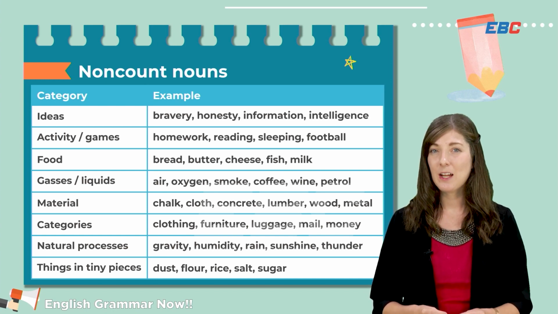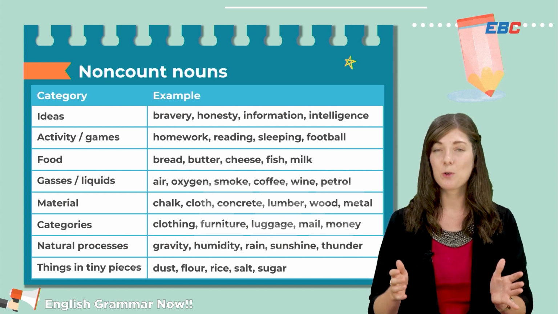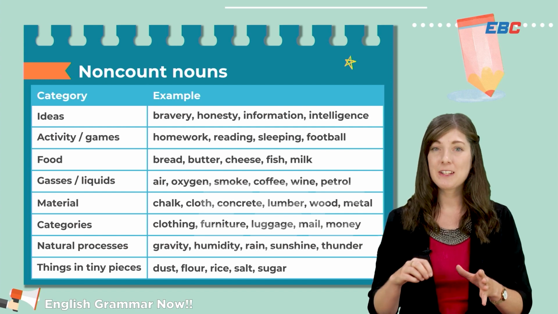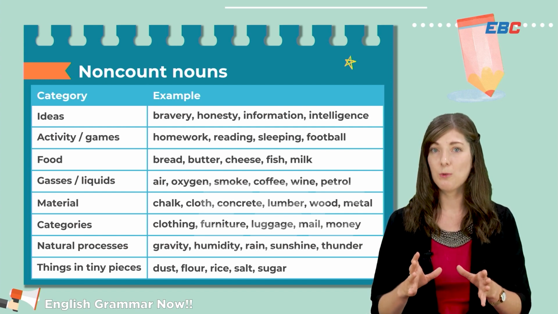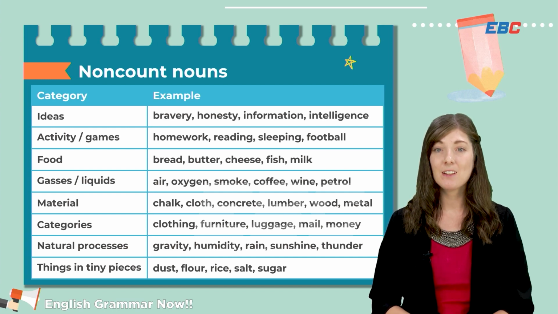We cannot count things that are names of groups, that are categories, such as clothing. There's many different things in that category, but we can't count the noun clothing. Same with furniture, luggage, mail, money.